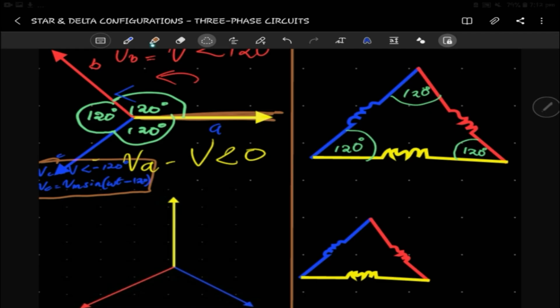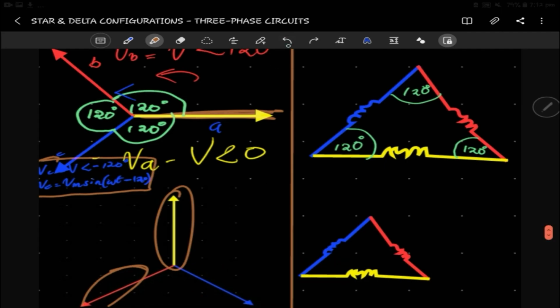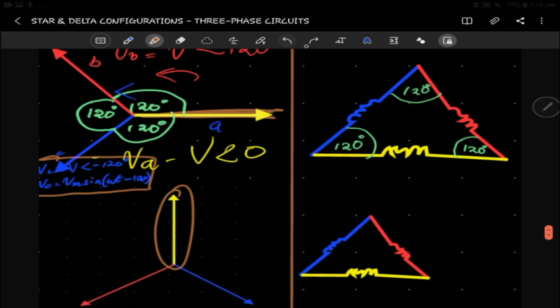When we talk about a phase, we're just seeing what's happening along any of these ones. That's just a phase, whether current or voltage. But when we say line, it means from the end of one of the phases to the other end of the other phase, right?